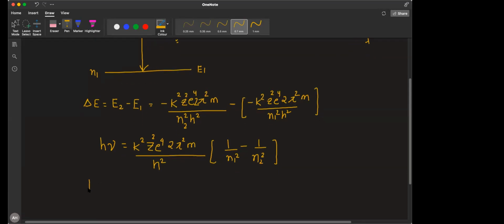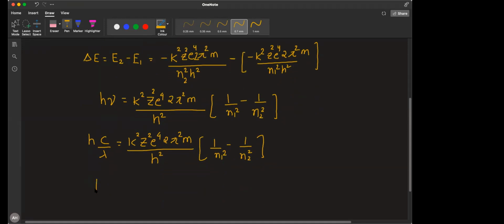So instead of nu, you can write hc by lambda is k square Z square e to the power 4, 2 pi square m over h square, into 1 by n1 square minus 1 by n2 square. So you can get the value of 1 by lambda from here.